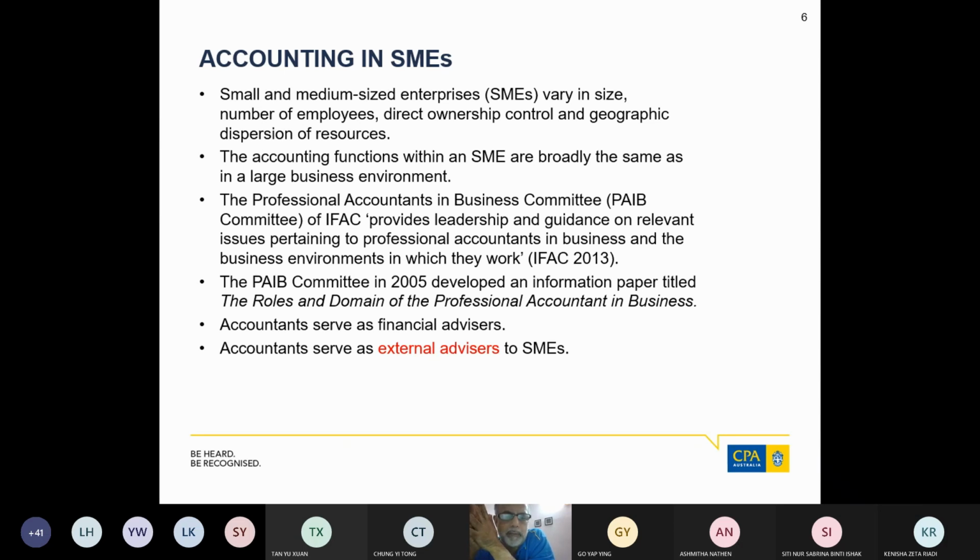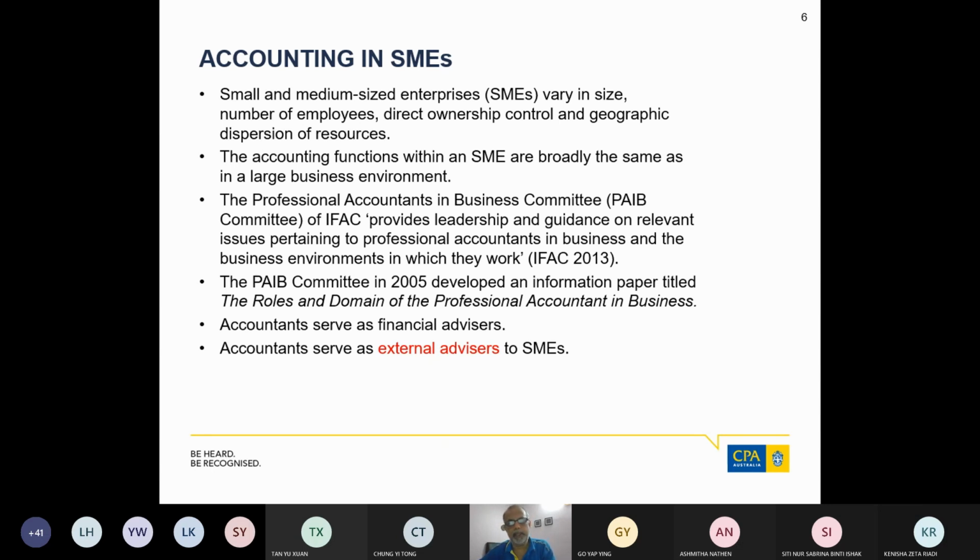In Malaysia, we have MICPA and MIA, which are members of IFAC. They provide leadership and guidance on relevant issues pertaining to professional accountants in business and the business environment in which they work. They have come out with a paper called The Role and Domain of the Professional Accountant in Business, PAIB. You will see this term in the literature.